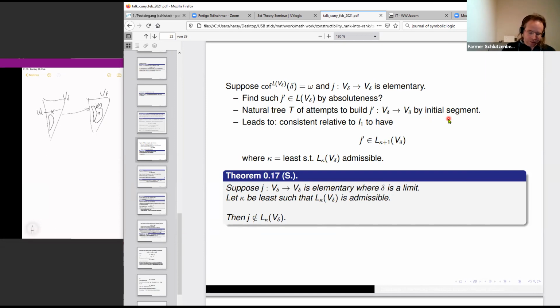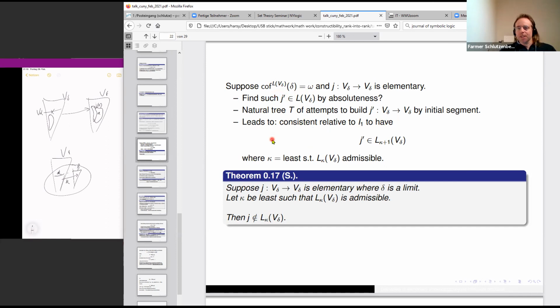We can look at alphas and betas here that map some V alpha into V beta, and that's a node in the tree, and a deeper node extends that embedding to more domain. The cofinality is omega, so you can make sure that as you go along a branch of the tree, you're getting all of the domain V delta into the embedding when you take the union. So you can get this tree, and any cofinal branch through it would correspond to an elementary embedding. You can form that tree in L of V delta.